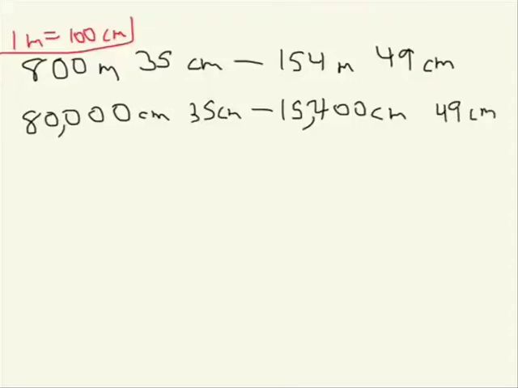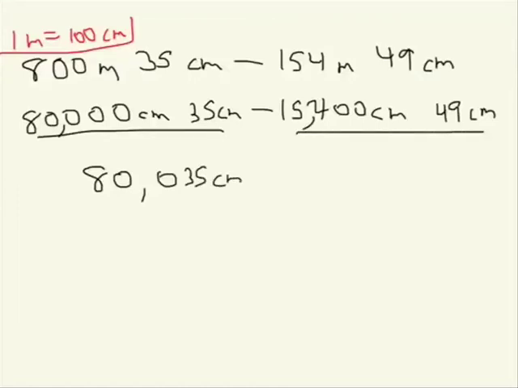So I'm going to combine this side together to give me 80,035 centimeters. Now I'll combine this side, so I really am subtracting 15,449 centimeters. Alright, let's see what happens.